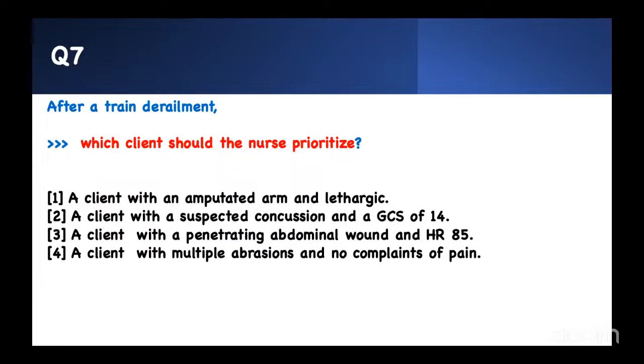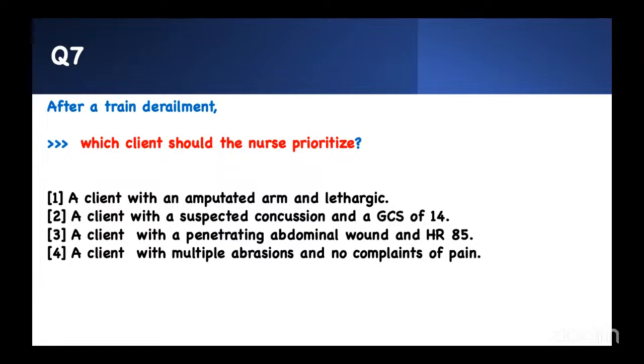Somebody has a penetrating abdominal wound, his heart rate is 85. Somebody has multiple abrasions, no complaint. If you are the nurse on the field at this time, who would you prioritize? Who does not have a chance with you? His time is running out. This is prioritization 101.